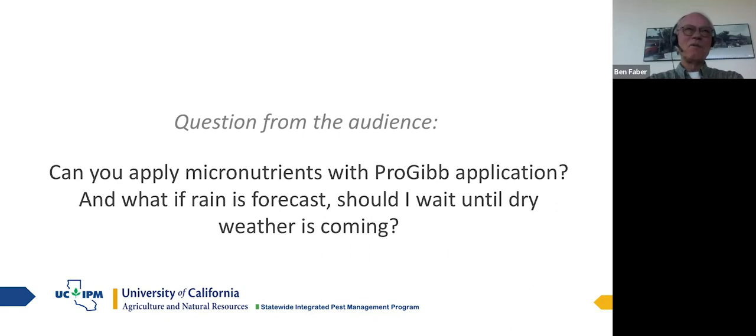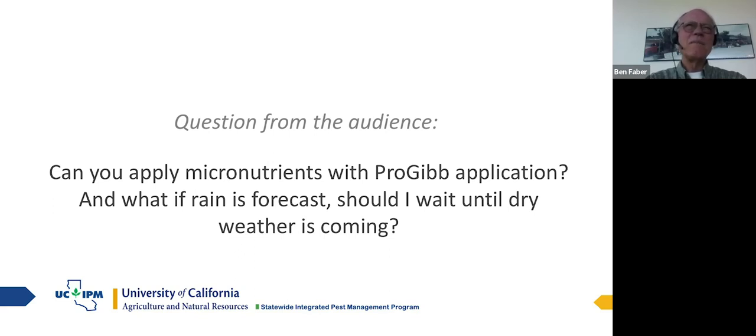Carol's done a lot of work with boron and urea to improve fruit set, and did a bunch of work with and without boron and urea along with the gib, and they didn't seem to see any impact. So when it comes to micronutrients, I don't know what's going to happen there.